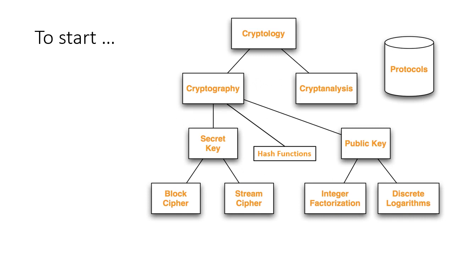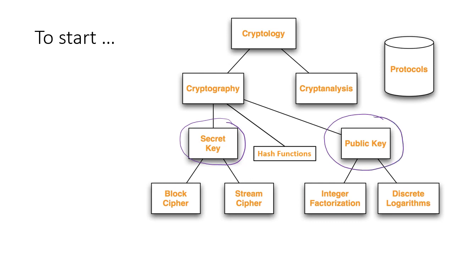To start with, here is a brief classification of the different elements of the broad subject of cryptology. Cryptology includes both cryptography, which is the art or the science of making encryption algorithms, and cryptanalysis, which is the art or the science of breaking encryption algorithms. And cryptography itself is broken up into secret key algorithms that you see here and public key algorithms that you see here.